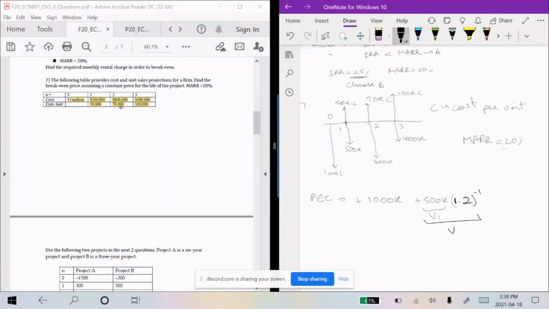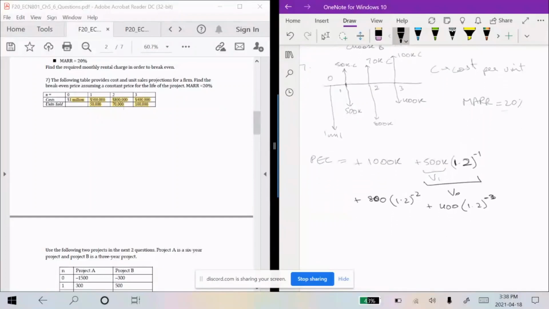This brings it to V0. Similarly, you do the same thing for the 800 and the 400. So 800 times 1.2 raised to the power minus 2, and 400 times 1.2 raised to the power minus 3. Take this back 2 periods and this back 3 periods.